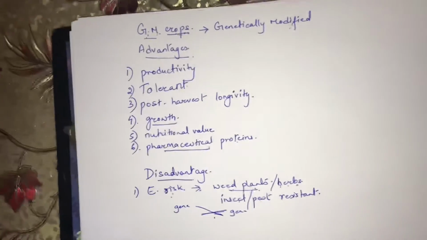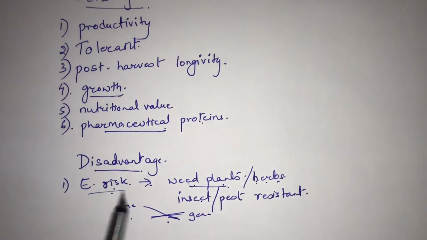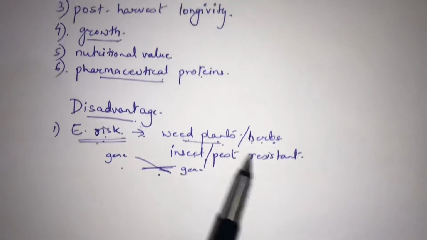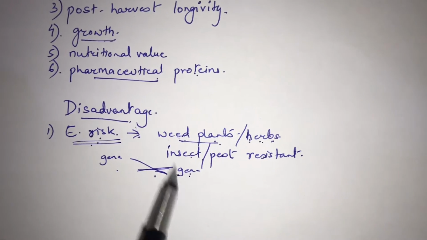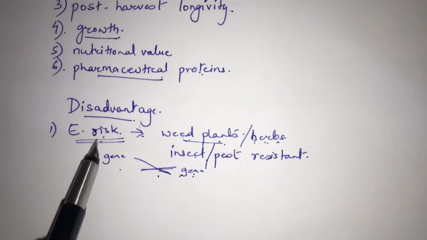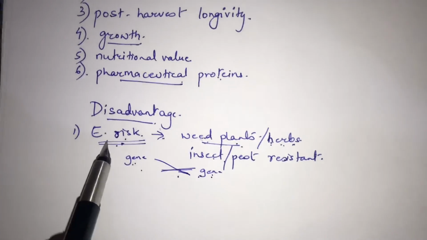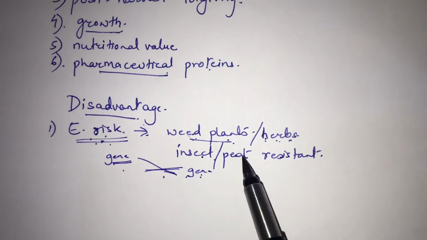So if it crossbreeds, then what happens? The insect pest resistant gene and weed resistant gene can get transferred to the crop plant, and sometimes this gene can transfer to the insect pest.